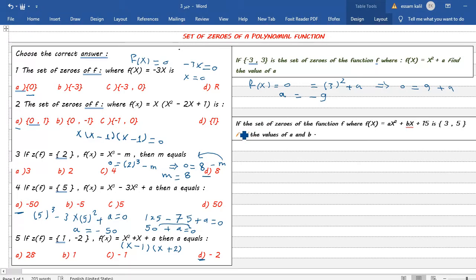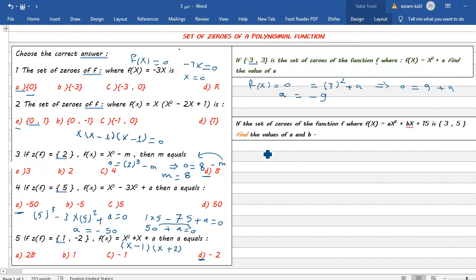Another question: if the set of the zeros of the function f, where f of x equals a x squared plus b x plus 15, is the set of 3 and 5, find the value of a and b. If 3 and 5 are the zeros of this function, put f of x equal 0 and substitute the value of x equal 3 and 5.